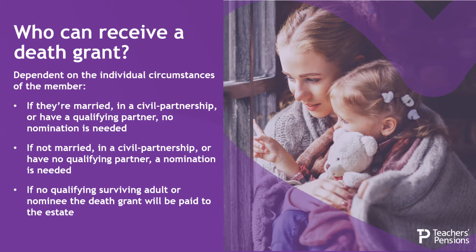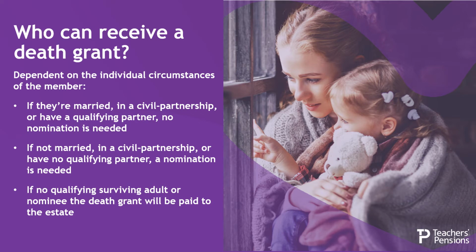So who can receive a death grant? This is dependent upon the individual circumstances of the member. If they're married, in a civil partnership, or have a qualifying partner, a death grant nomination isn't required, as the surviving adult partner will automatically receive any death grant payable. But if a death grant nomination is in place, that will take precedence.